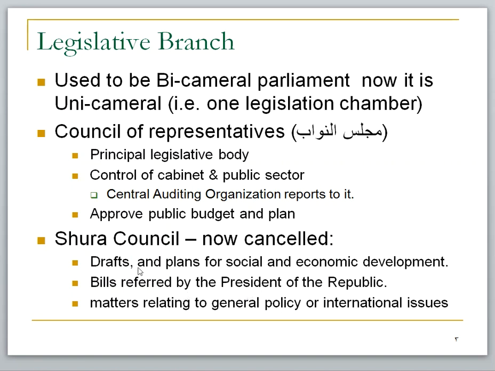It goes first to the Shura Council to be studied. Also matters relating to general policy or international issues used to be passed to the Shura Council for extra studies before it is implemented.